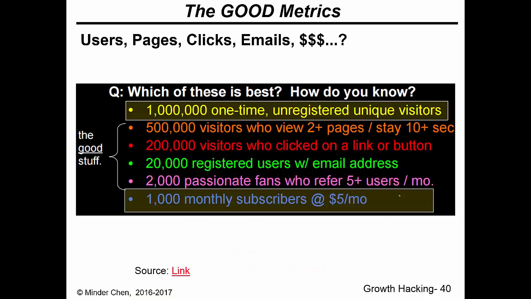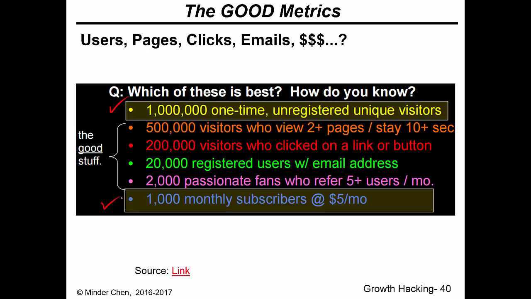So the metrics can be developed to track our progress along that marketing funnel. This is an example of some simple metrics. For instance, the first one is customer acquisition metrics, where we have 1 million one-time unregistered unique visitors. At the bottom, we have paying customers, 1,000 monthly subscribers at $5 a month.